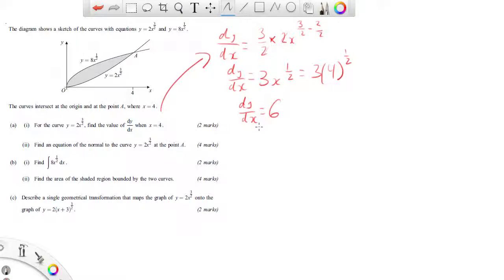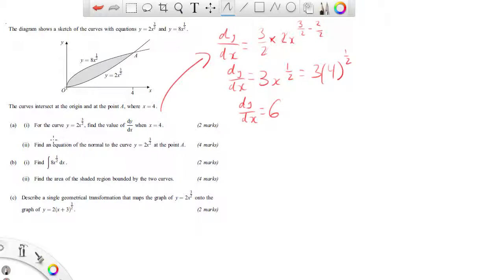And that's what they wanted. So we must see that 6 is there. No, this is good. Okay, so that's the answer for part A.